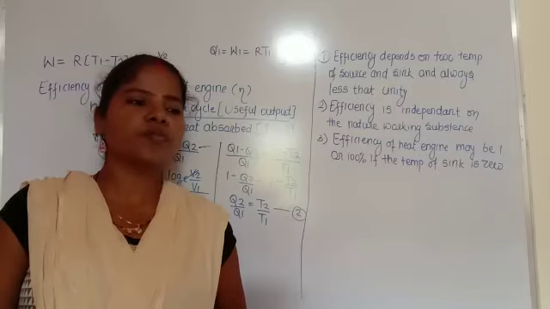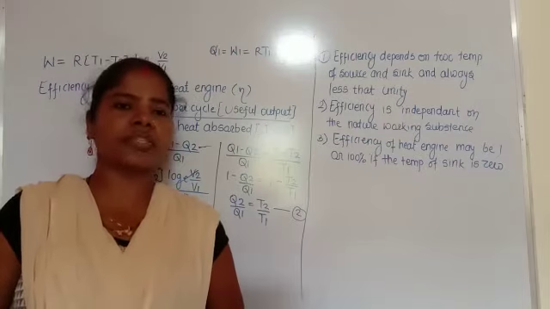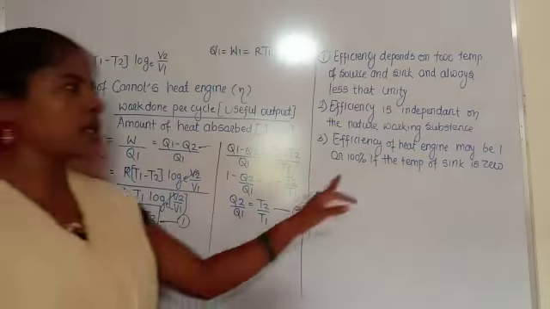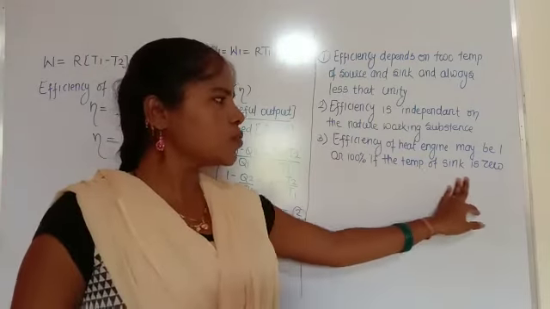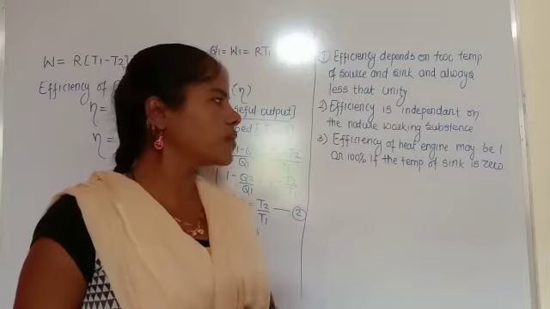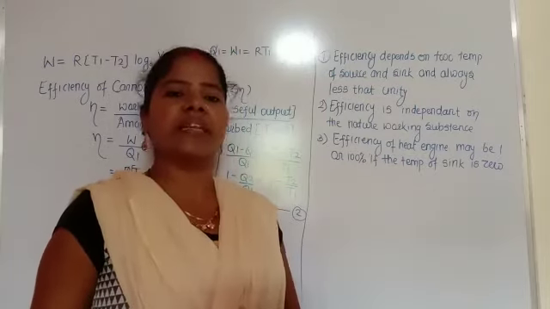For the rejected heat to be 0, the sink would have to be maintained at 0 temperature, which is not possible. So no heat engine is 100% efficient; every heat engine has efficiency less than unity, or less than 100%.